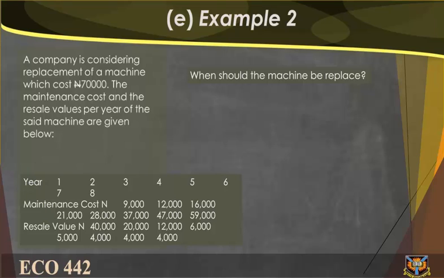Maintenance cost 9,000, 12,000, 16,000, 21,000, 28,000, 37,000, 47,000, 59,000, all in naira. Resale value 40,000, 20,000, 12,000, 6,000, 5,000, 4,000, 4,000, 4,000. When should the machine be replaced?